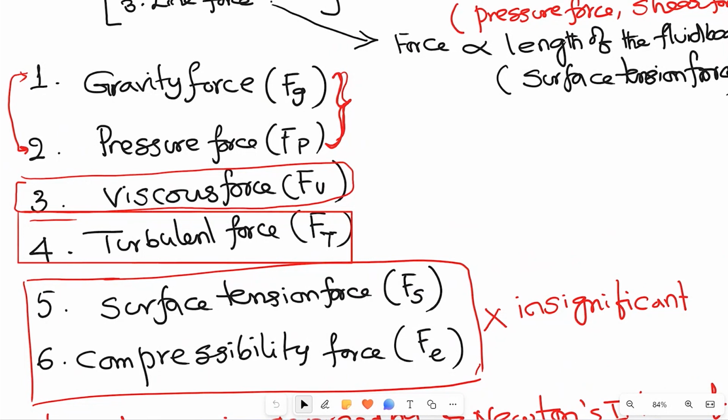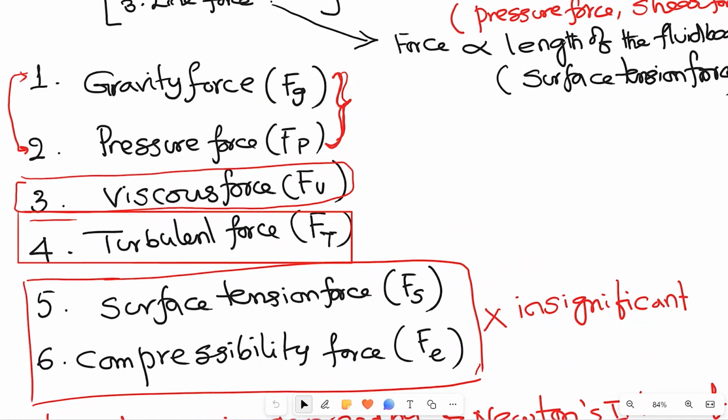Then the second one is the pressure force. It is nothing but the pressure intensity into area. Third one is the viscous force. Viscous force is nothing but the shear force, the tangential force, and it is equal to the shear stress into area, and the shear stress is equal to mu into v by y, into area.